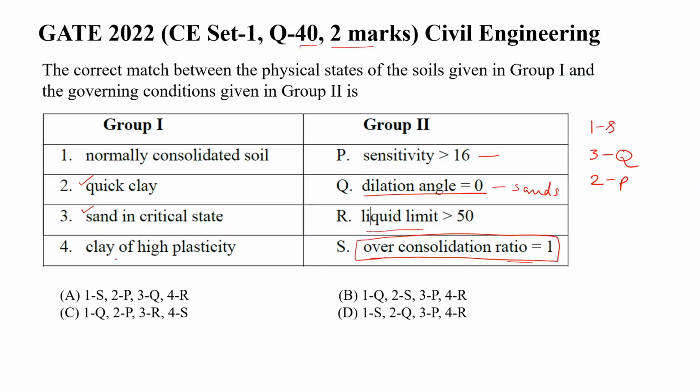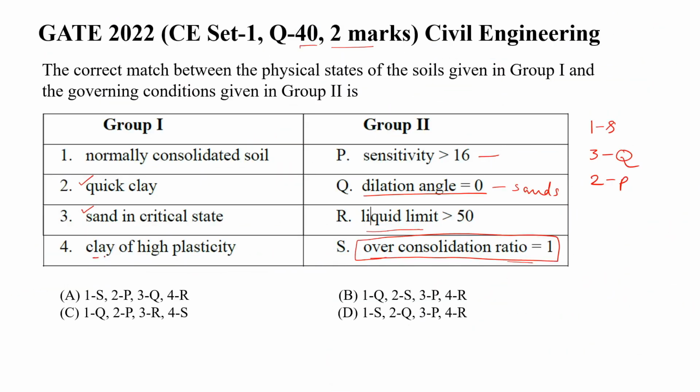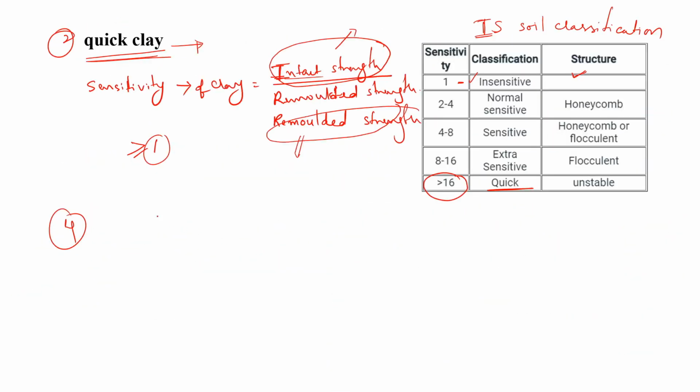Then what is left is clay of high plasticity. We'll discuss that now. This one is second and fourth. As mentioned, there is clay of high plasticity, another kind is low plasticity clay, and medium or intermediate plasticity clay.